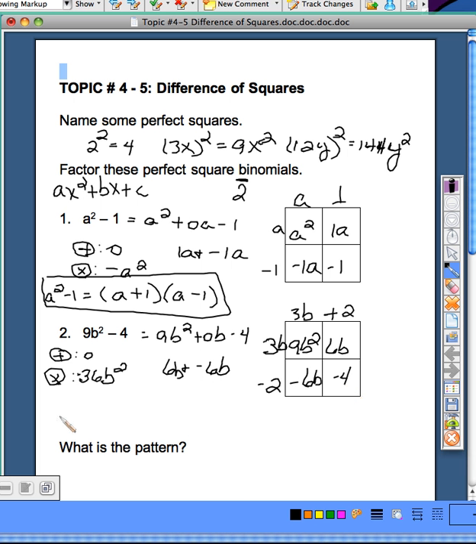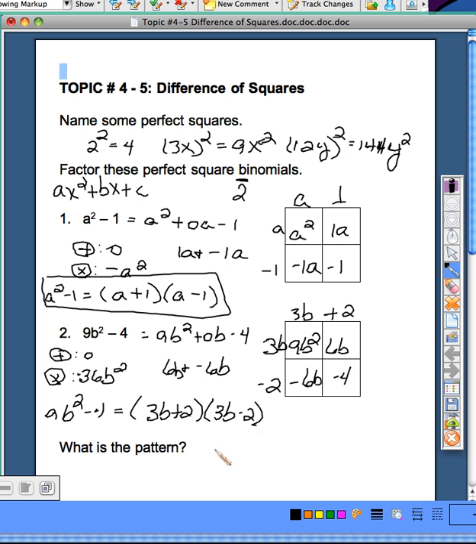So we have 9b squared minus 4 is equal to 3b plus 2 and 3b minus 2.